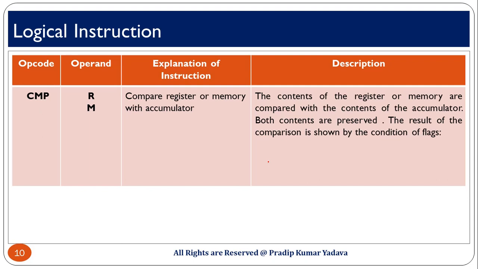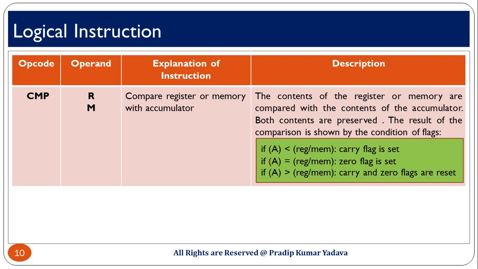Here you can see there are three conditions. A represents the accumulator. The first condition is: if A is less than the register or memory, the carry flag is set.